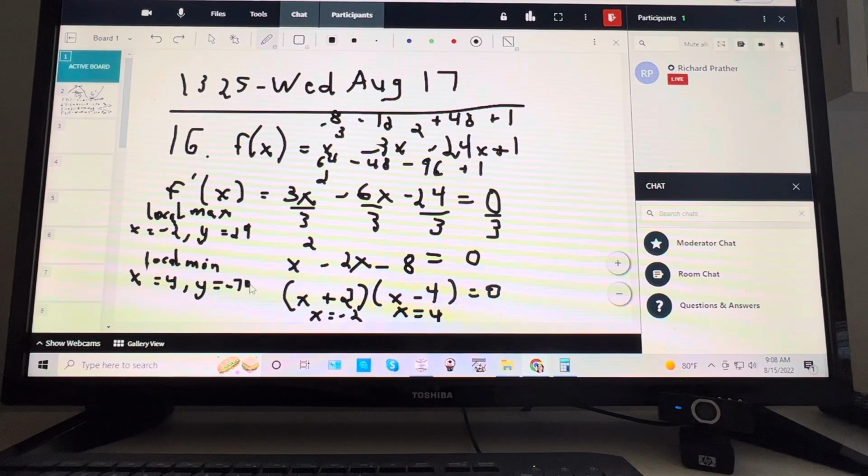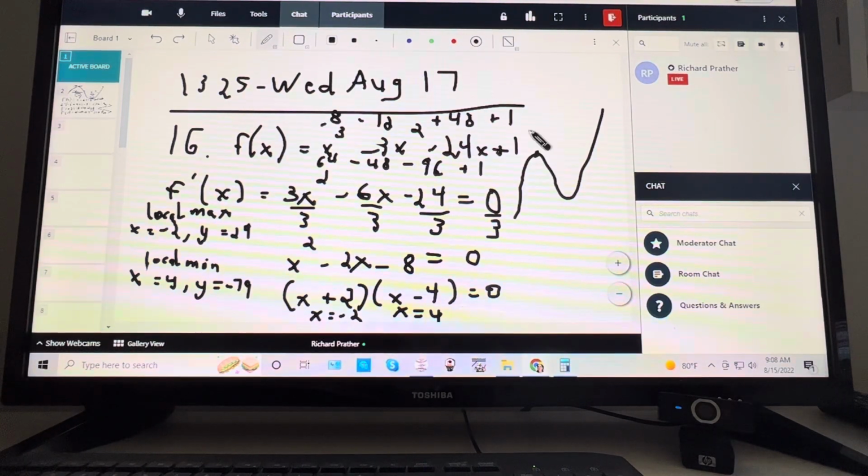And it's good that the local minimum had a smaller y value than the local maximum, because we only have 2 potential spots. So this graph is coming up, hitting the local maximum, then it goes down, hits the local minimum, then it goes back up forever again. And that's typical of an x cubed graph anyway.